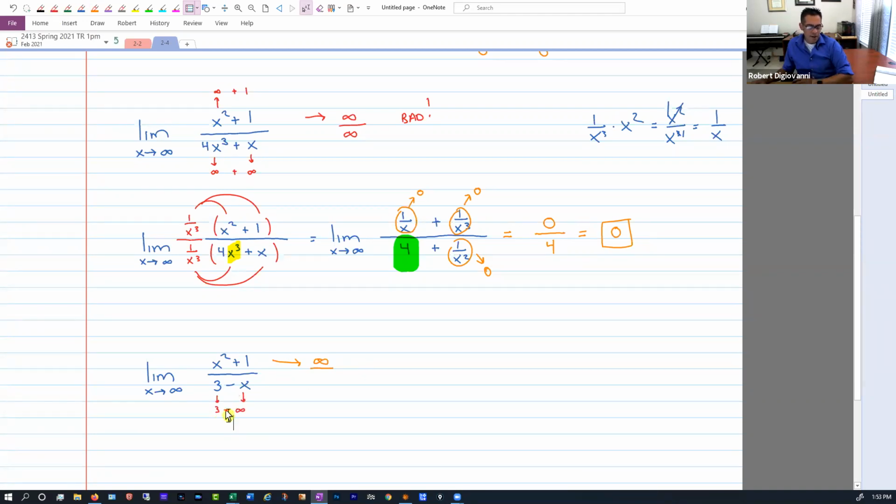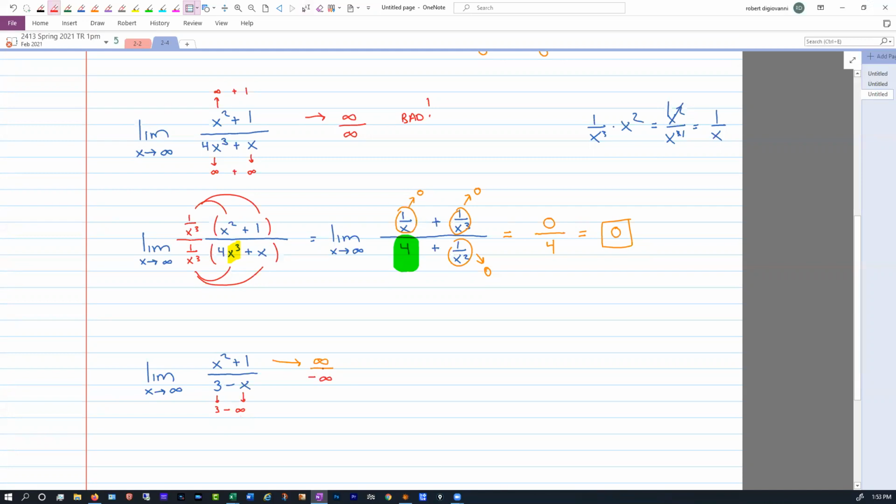So if you take 3 and take away a huge number, do you agree that that would be negative infinity? Yes. Okay, that does not change anything. If we have infinity over infinity, it doesn't matter if it's positive or negative. Anytime we see infinity over infinity in any form, we are going to say this is bad.